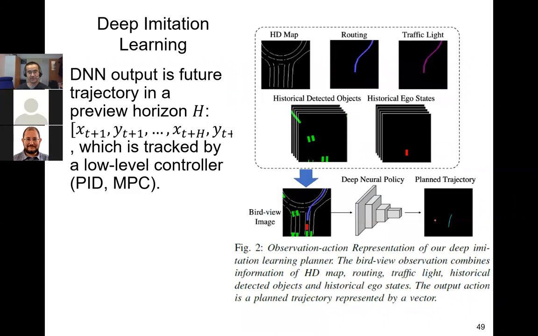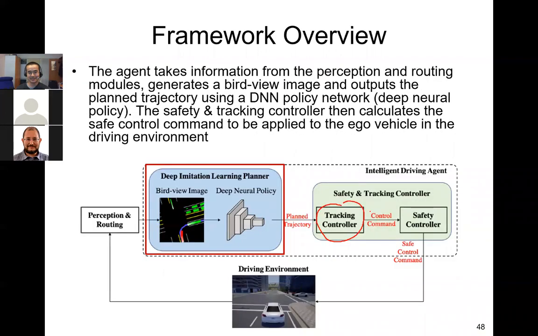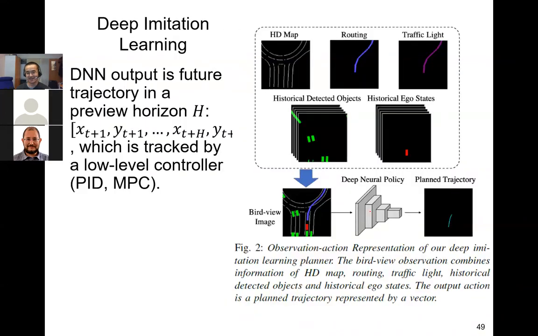So let's first talk about the deep imitation learning. Actually, I don't know what's the difference between ChauffeurNet and this one. They look the same to me. And this one came out in 2019. So it did cite ChauffeurNet, but didn't say exactly what the difference is.